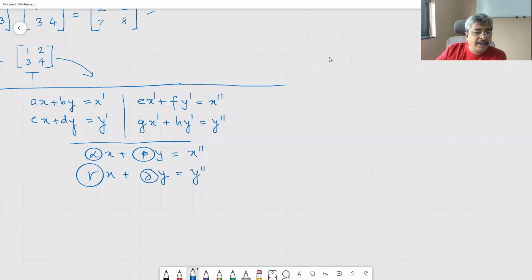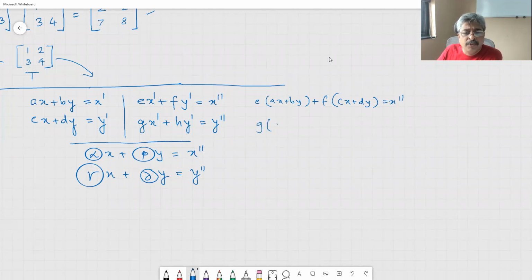You know what is x dash? You substitute it here in the first equation. E times ax plus by plus F times cx plus dy is equal to x double dash, and G times ax plus by plus H times cx plus dy is equal to y double dash. Now we are supposed to express it in terms of x.